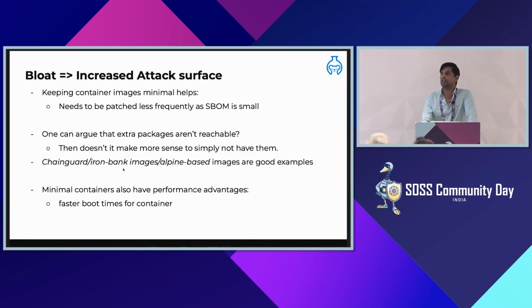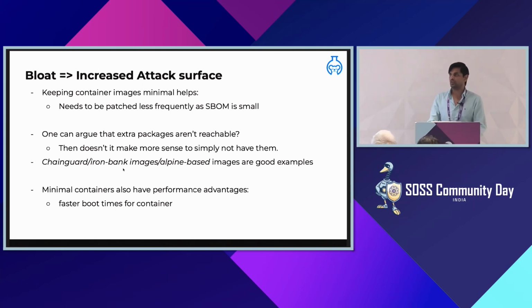The bloat that I'm referring to obviously increases the attack surface, and in security it's all about covering your bases, so reducing the attack surface is the first approach that comes to mind. Keeping an image small not only reduces the attack surface, it will also reduce your SBOM, which means you will be vulnerable to fewer CVEs and will require patching less frequently, which in itself increases developer productivity by a lot.